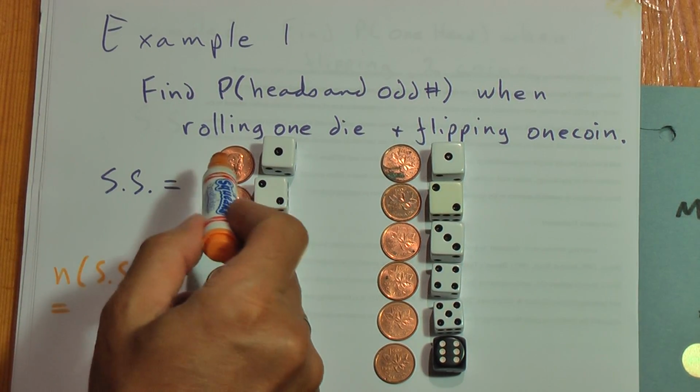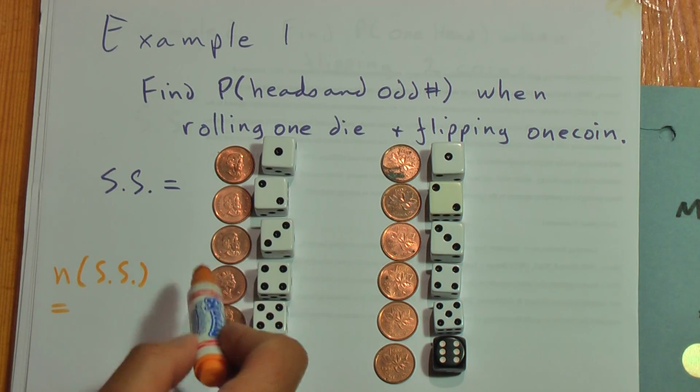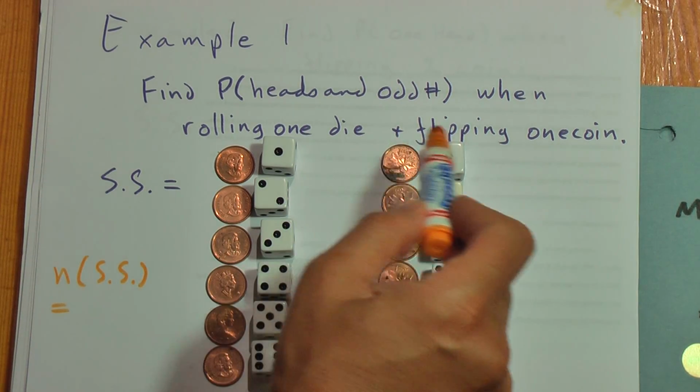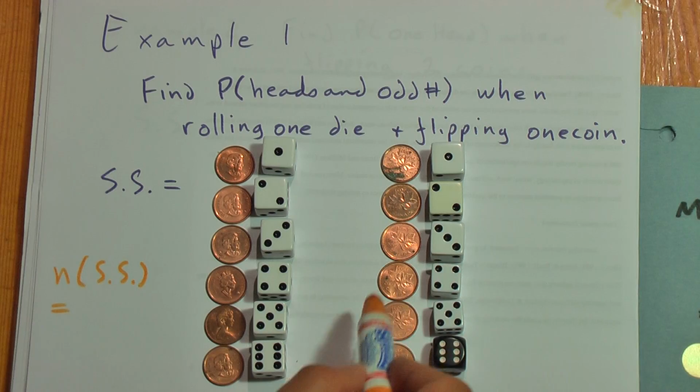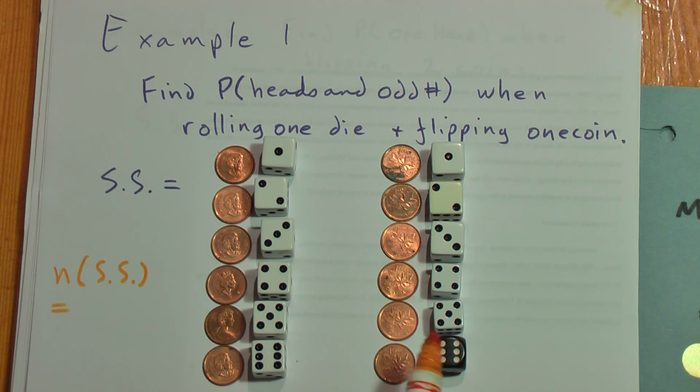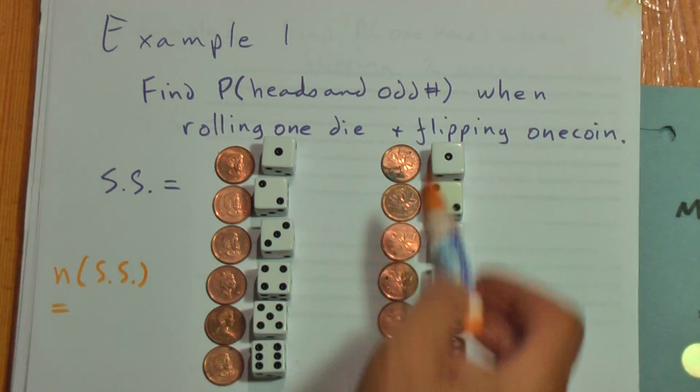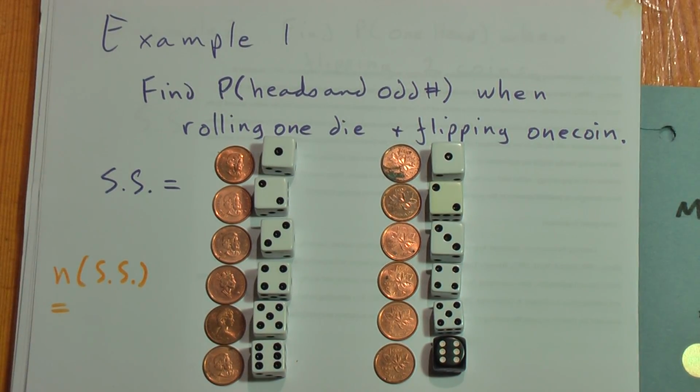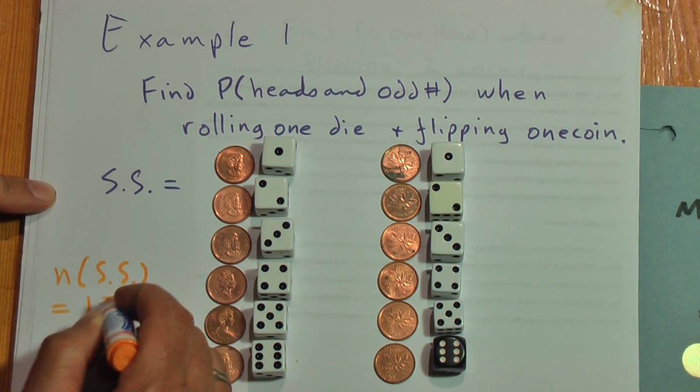Well, heads and a 1, heads and a 2, heads and a 3, heads and a 4, heads and a 5, heads and a 6, tails 1, tails 2, tails 3, tails 4, tails 5, tails 6. Those are all the possibilities. You can't get tails and a 7. You can't get a 6 and anything other than a tail or a head. So really we have all the possibilities here, and it's just a matter of adding them up. And we get 12.